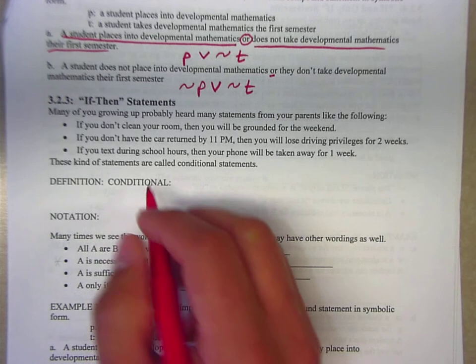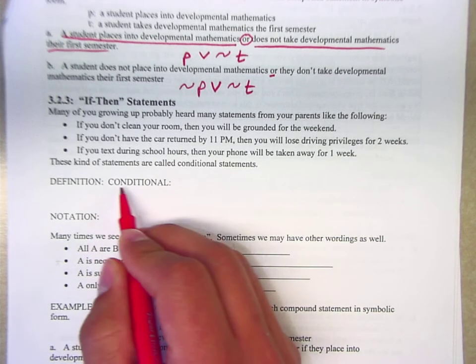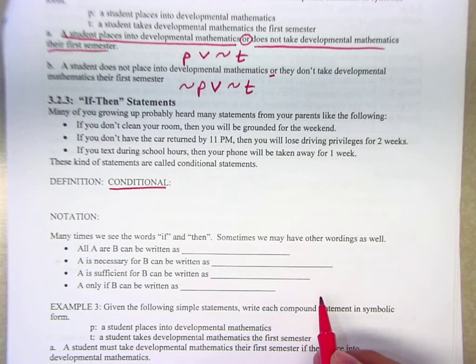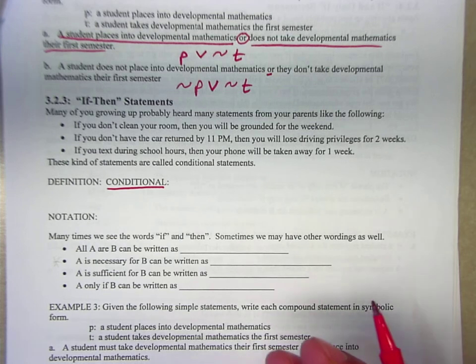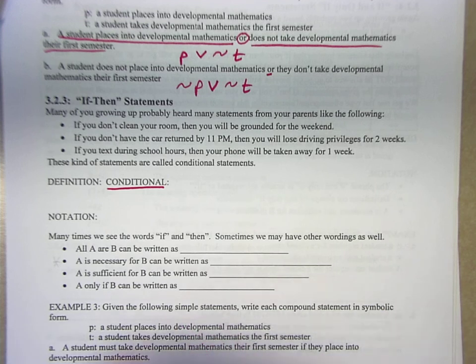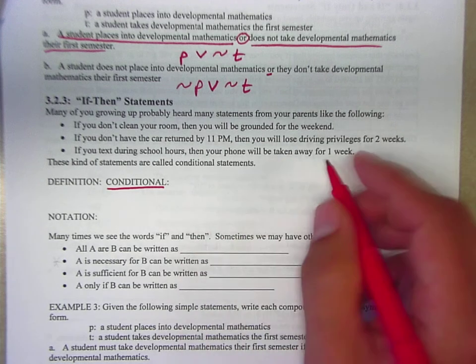So here's the fancy word for it, a conditional, okay? And you can kind of understand why it's called that, right? Because there's a condition involved. For example, what I just said about bringing in pizza if everybody got A's, the condition that needed to be met was everybody getting A's, right? So that's why this is called a conditional statement.